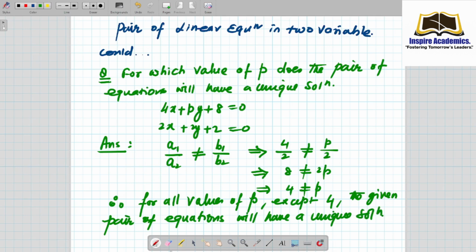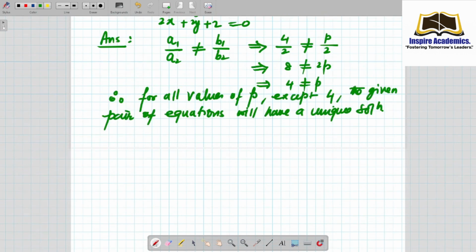Right? So that way we can solve such problems.